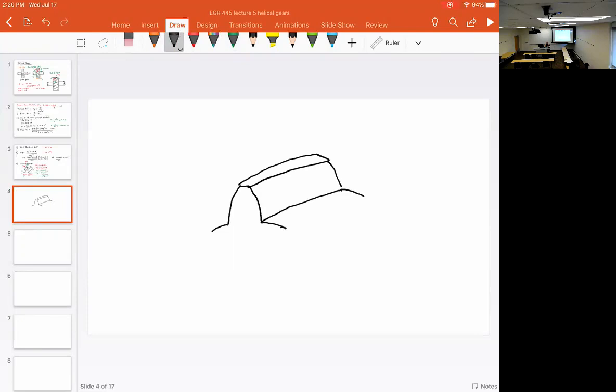I'm just showing the one tooth, but if you look at the helical gear, the second helical tooth is again going to be like this.